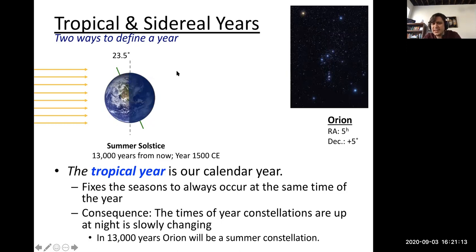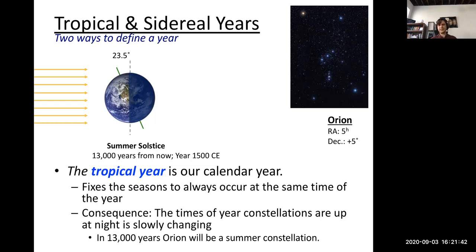If we wait 13,000 years from now, oh, sorry, that's supposed to be 15,000 CE, not 1500. I apologize for that. But instead of being at the winter solstice, we would now be at the summer solstice for the same point in the orbit, because we've rotated 1/2 of a precessional cycle. So what was tipped away is now tipped towards the sun for the same place in the orbit.